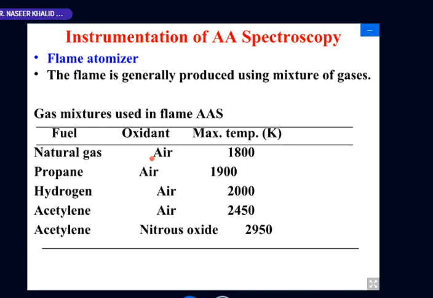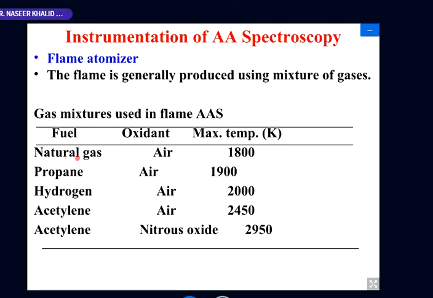We mix the gas with air, a flame is formed, which has a maximum temperature of about 1800 Celsius. This is not K, there is a mistake, I'm sorry. I have to check it, but this is centigrade.